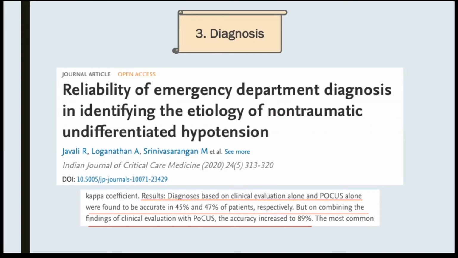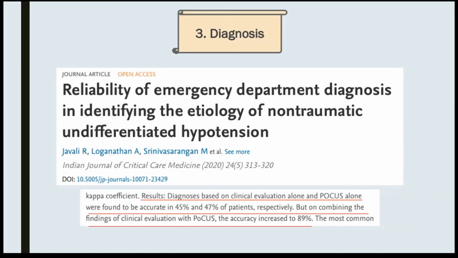But then, should we use the IVC as part of our diagnosis? A study that came out this year looked at people clinically evaluating a patient only, and then someone who only ultrasounded the patient. And what was the result? Were they accurate with the final diagnosis upon discharge? As you can see there, it's 45% and 47%.